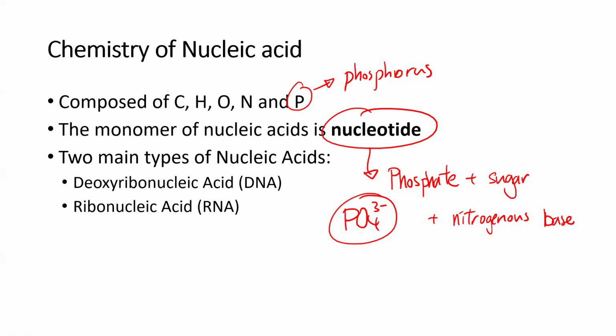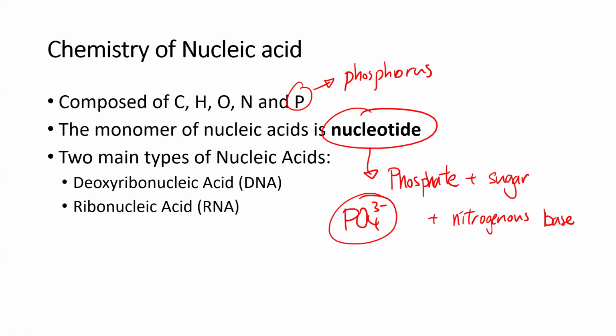In our nucleotide, we have 3 parts: the phosphate, the sugar, and the nitrogenous base. It shouldn't be a challenging concept because when we did amino acid, we drew it out and saw that the amino acid has different parts as well. There's a carbon in the middle, a hydrogen on the top.